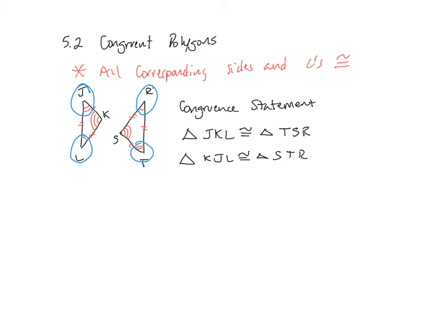So some of your first couple problems are just going to be like identify all the corresponding parts. So you'd say, angle J is congruent to angle T, and angle R is congruent to angle L, and just list them out. And then others will be to start matching up things. So let's look at something like that.